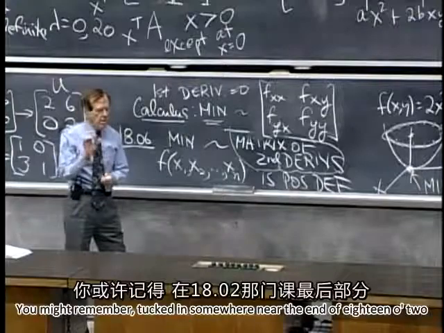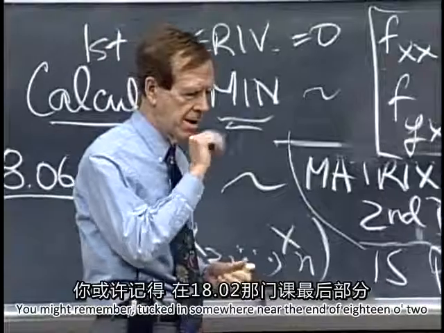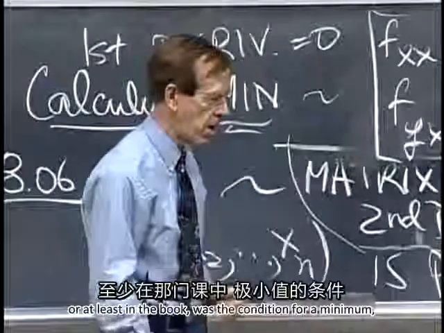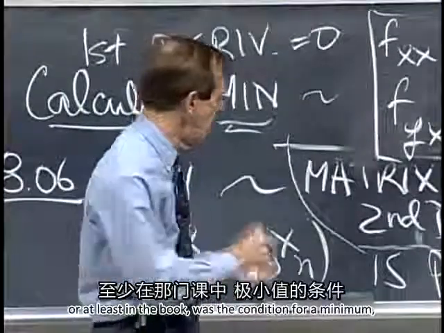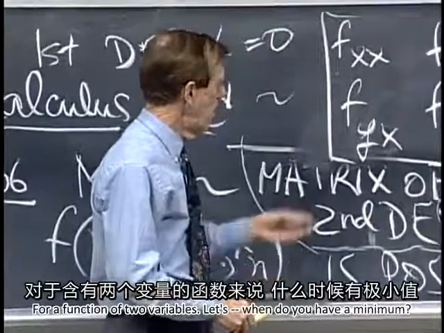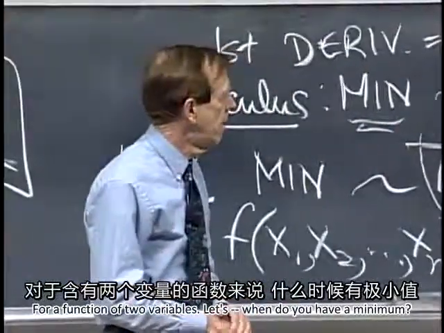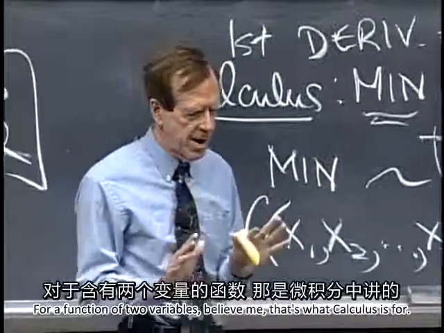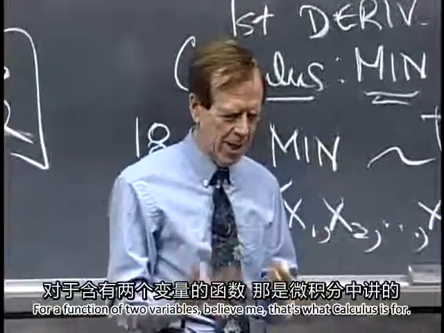You might remember, tucked in somewhere near the end of 1802, or at least in the book, was the condition for a minimum for a function of 2 variables. When do you have a minimum for a function of 2 variables? And believe me, that's what calculus is for.